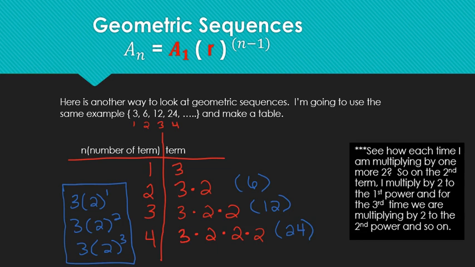That gave me the second term. 3 times 2 squared, you see how right here this is the same as 2 squared, which is what I've got right here, which is going to give me 12. 2 times 2 times 2. Each time I'm raising what I'm multiplying by to the next power.